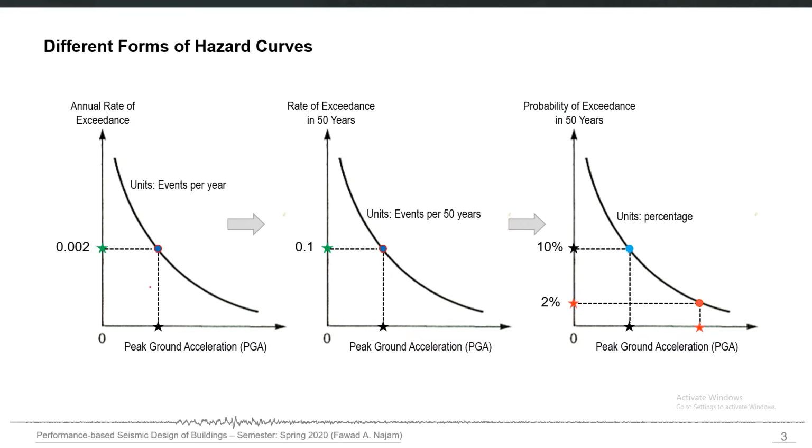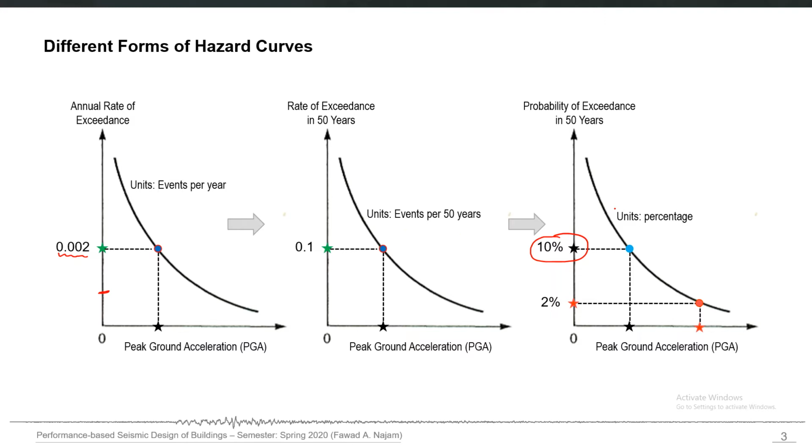For example, we have seen that this 0.002 translated into 10% probability of exceedance in 50 years. Similarly, another number will be converted into another percentage of exceedance in the same 50 years.